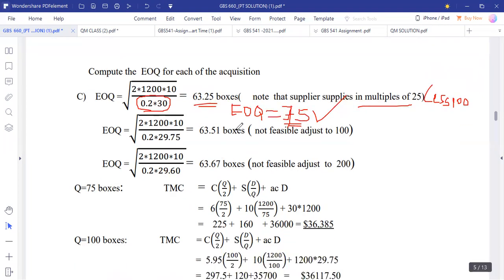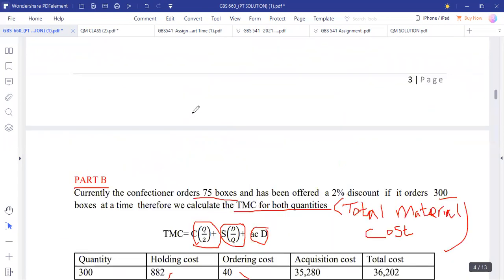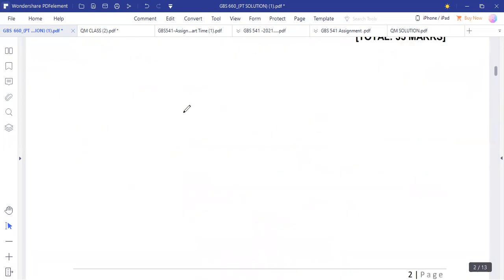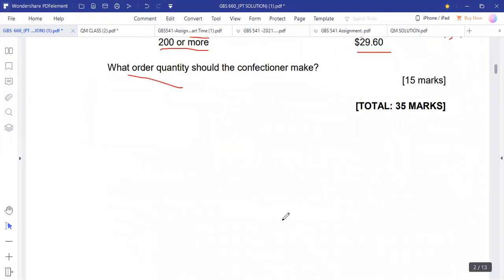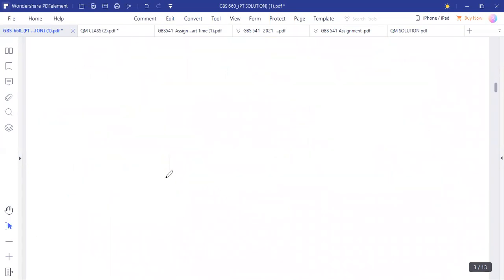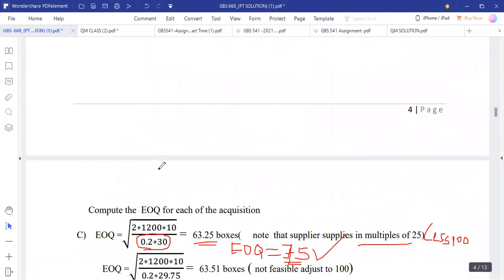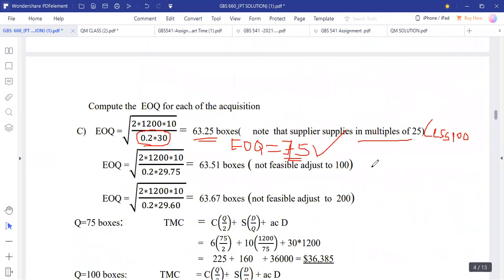Then the other one, we are supposed to buy in the range of 100 to 199. So we need to find the EOQ first before we make a conclusion on the second part of it. So let us find the EOQ when we have this range of 100 to 199.